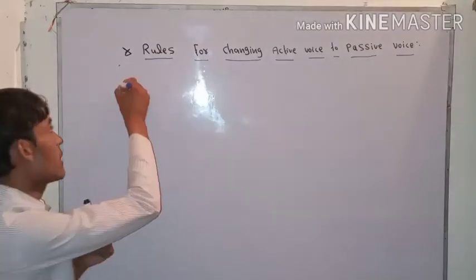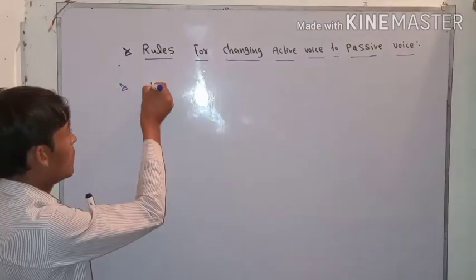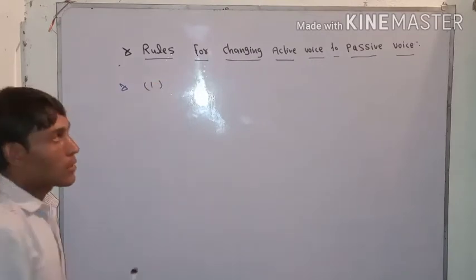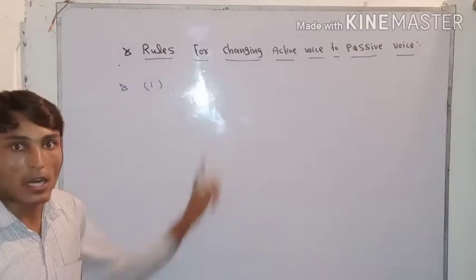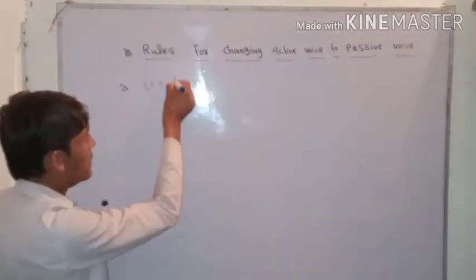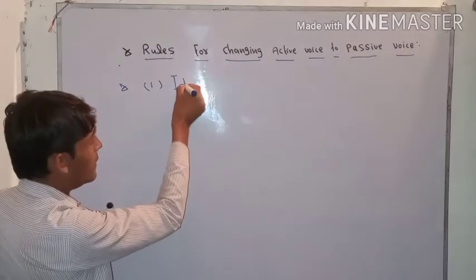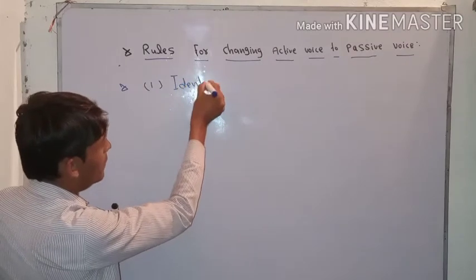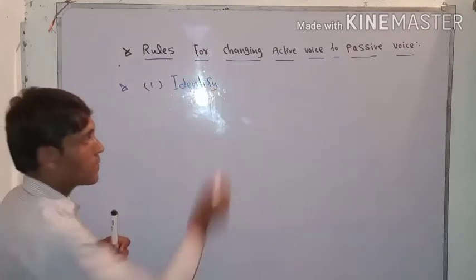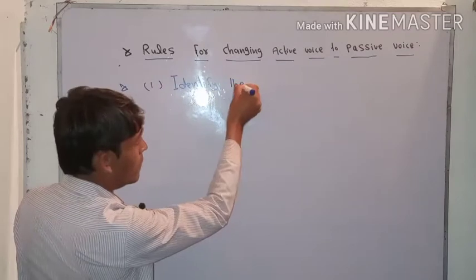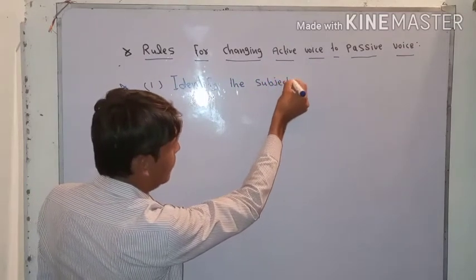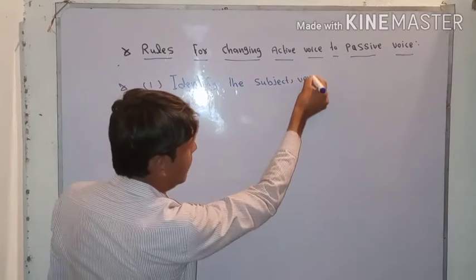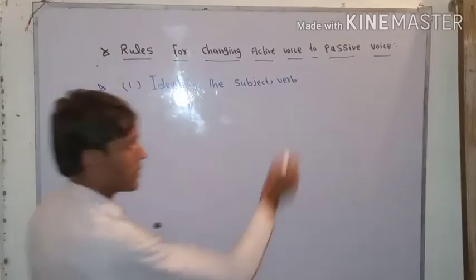The first rule is that if you want to change active voice to passive voice, identify the subject, verb and object of the sentence.